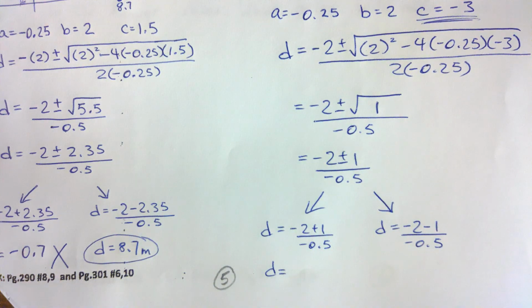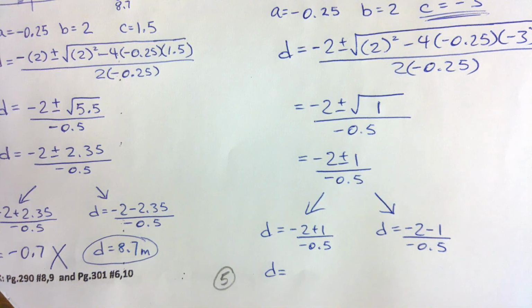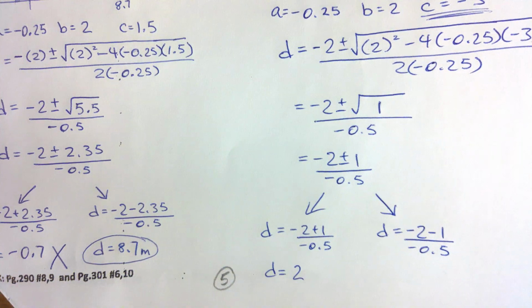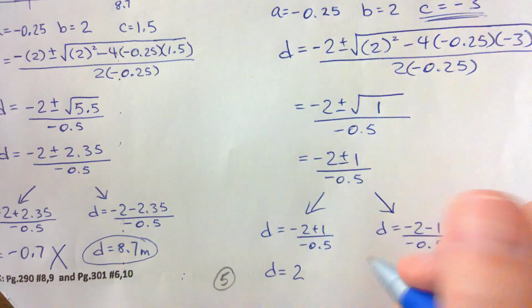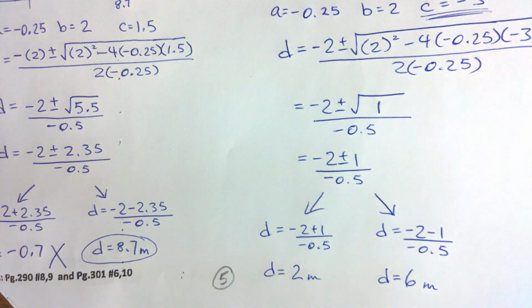Okay, so negative 2 plus 1 divided by negative 0.5, I got 2. 3 divided by 0.5, I get 6. Okay. Which answer do I reject? Neither. Why?